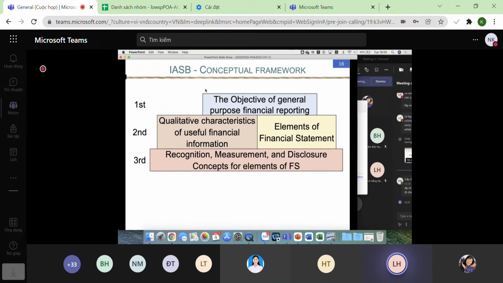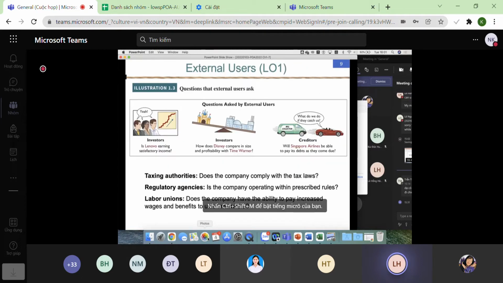The objective of financial reporting is to provide information for whom? Internal or external users?